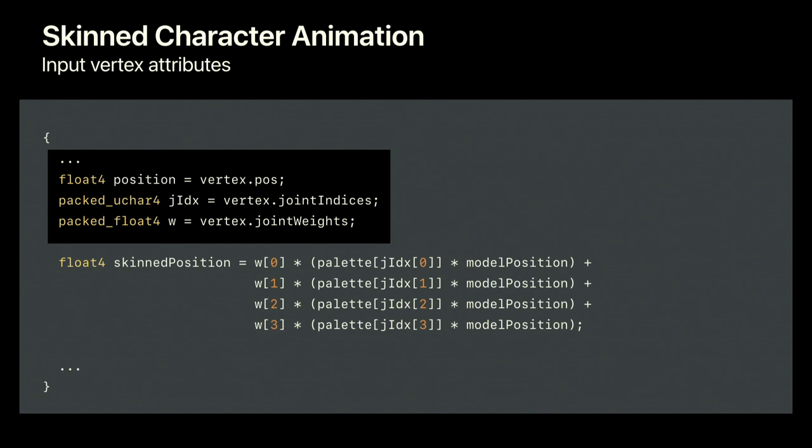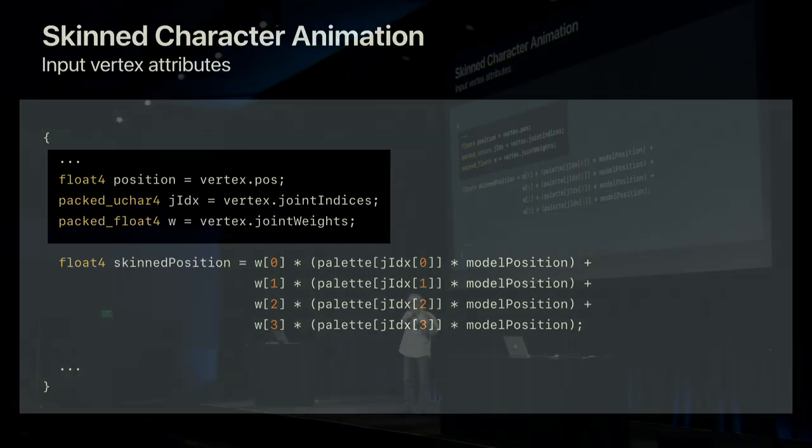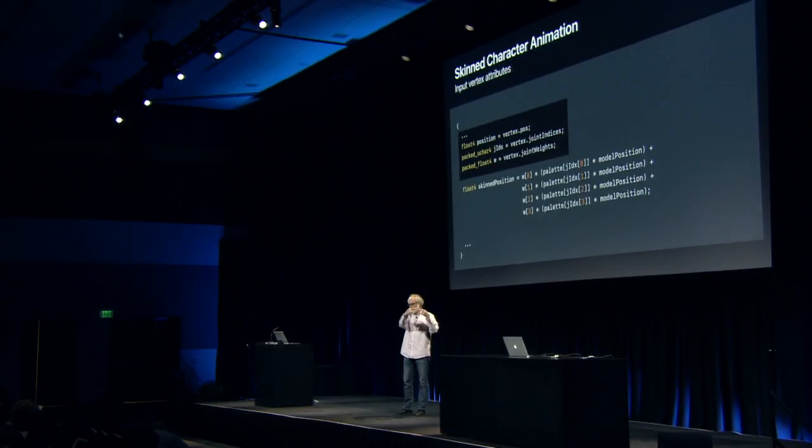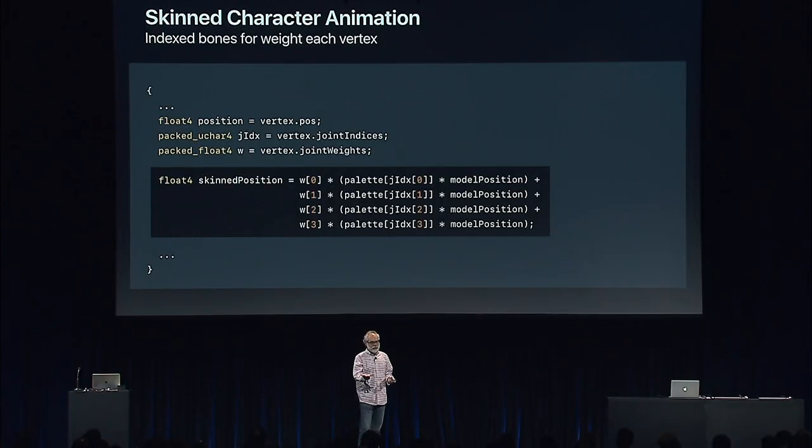So if two joints or bones were influencing a particular vertex, then the indices of those bones will come along with the vertex with some weights, so that when I transform them in the shader, it'll all be combined together, and the vertex will move to its final deformed position.